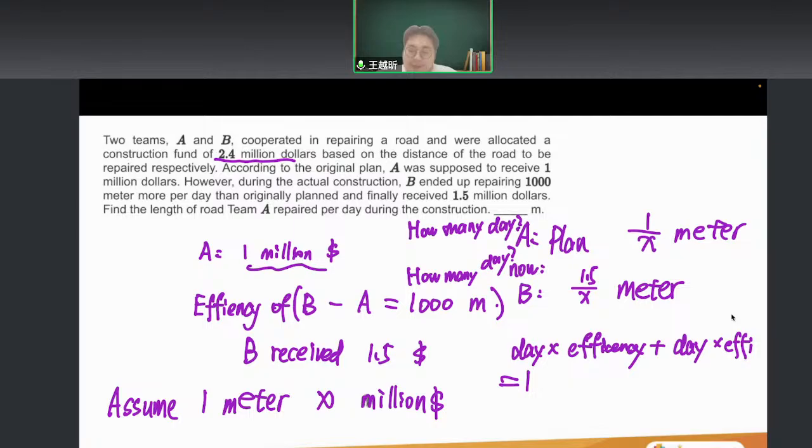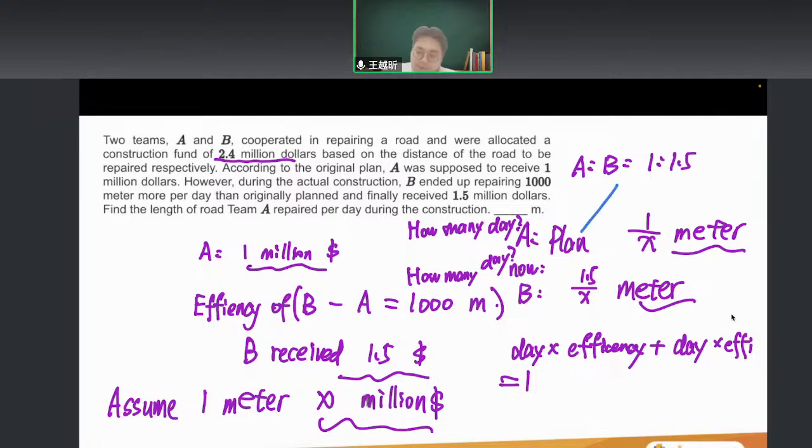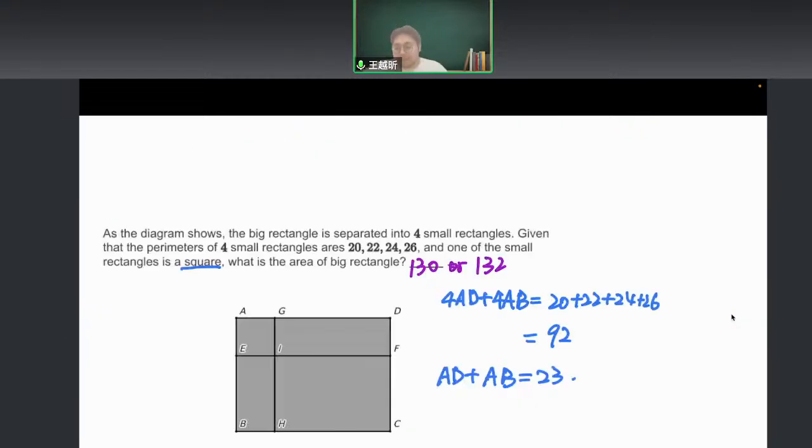After that, you use this relationship and this relationship. We know the ratio of A to B is just 1 to 1.5. And use this condition, you can find out the answer. Later I will maybe give all the students a run through of the PDF solution.